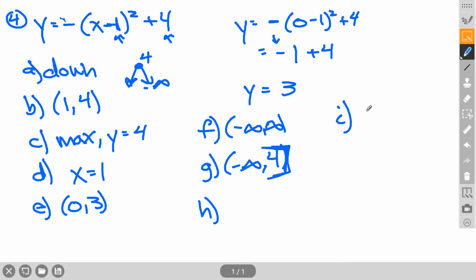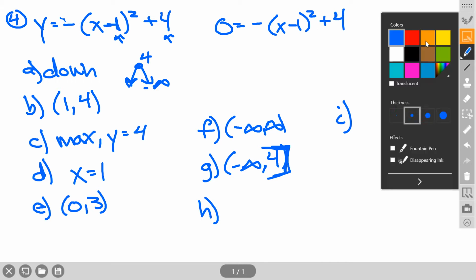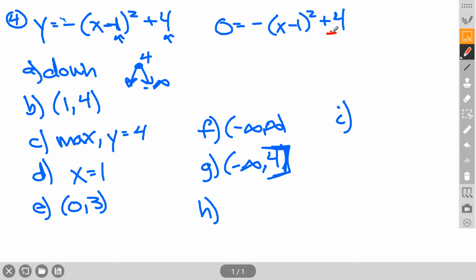And then I, to find the zeros, I will solve this equation. So I'll set the equation equal to 0. So 0 equals negative (x minus 1) squared plus 4. And I'll solve this using the square root method. So I'll subtract 4.